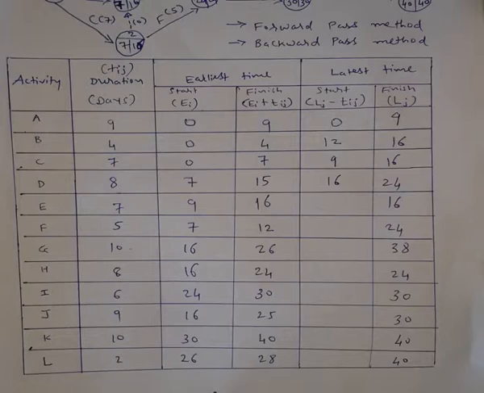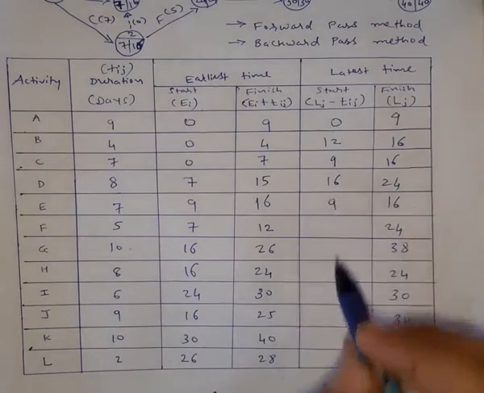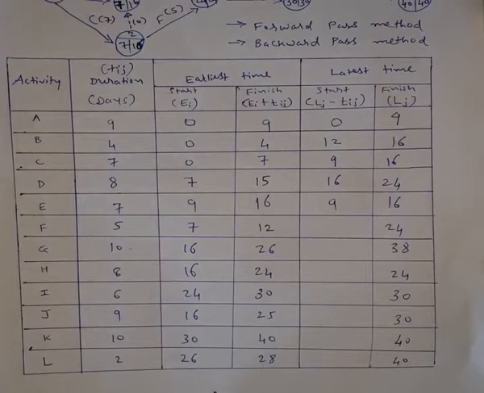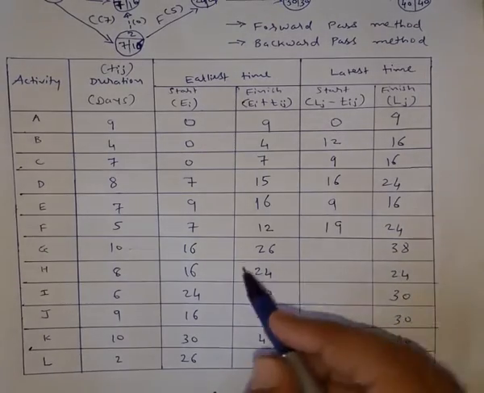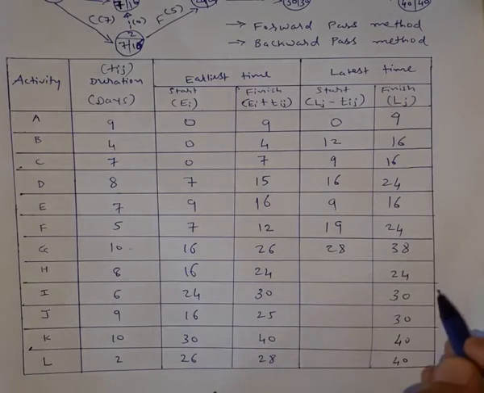For activity E, it is 16 minus 7, so that is 9. For activity F, it is 24 minus 5, so that is 19. For activity G, it is 38 minus 10, so that is 28. Activity H, it is 24 minus 8, so it is 16.